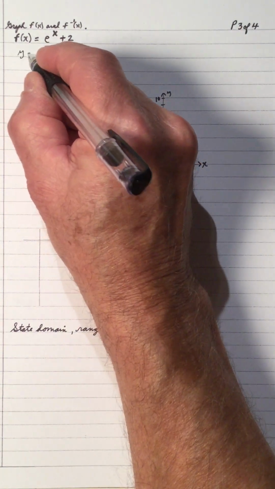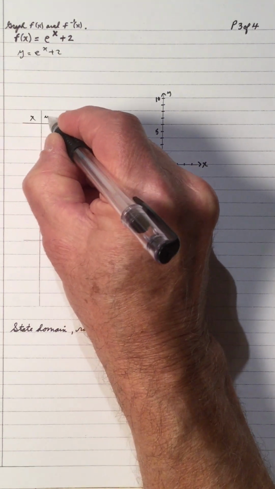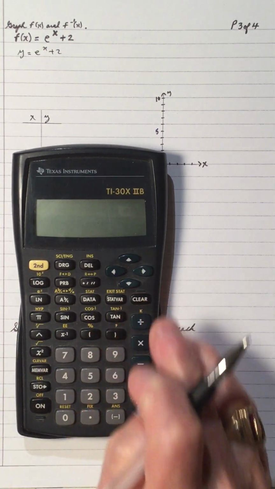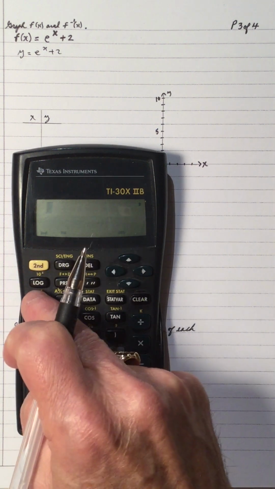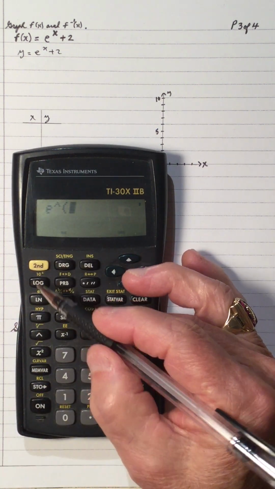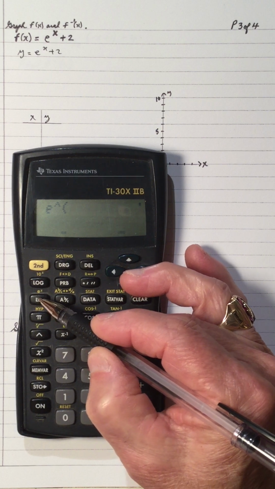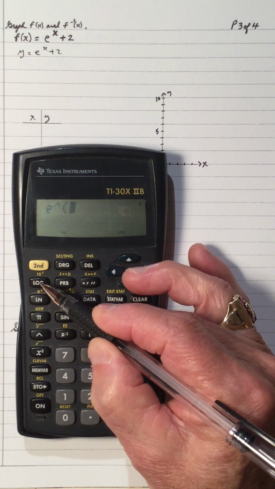The f of x is a y, so you get y equals e to the x plus 2. So this is x and y. So we take our calculator and turn it on. So we get e, remember, second function, ln. We'll do more on this later in the unit on ln, and explain the difference between log and ln.